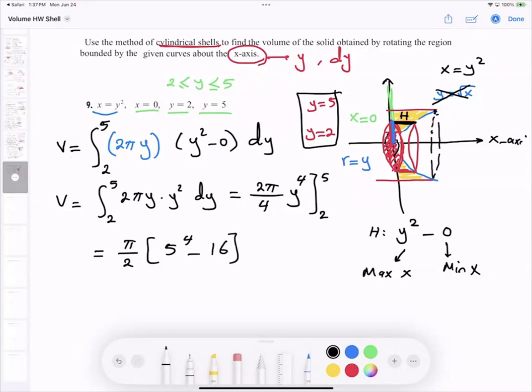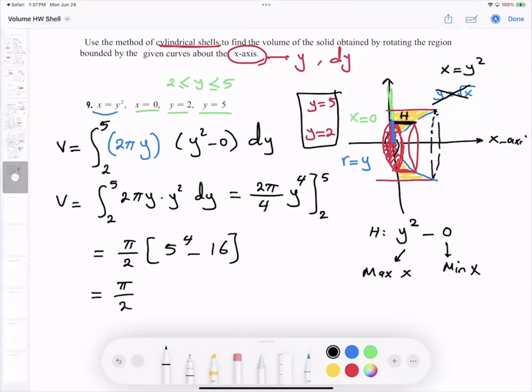If you multiply 25 by itself, let me use my calculator, 625.